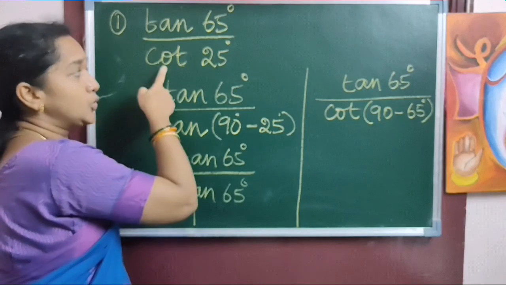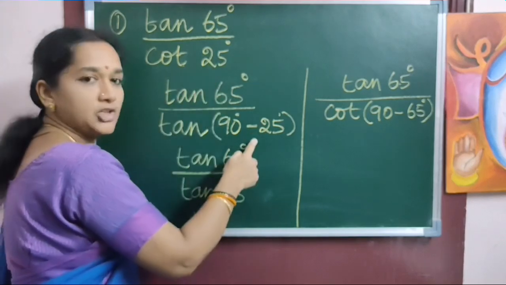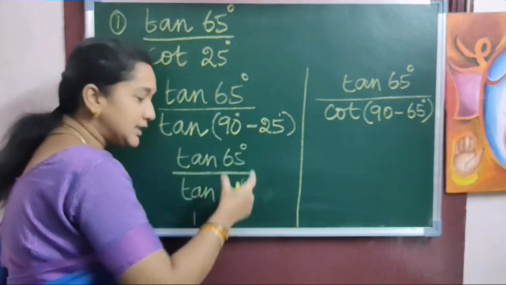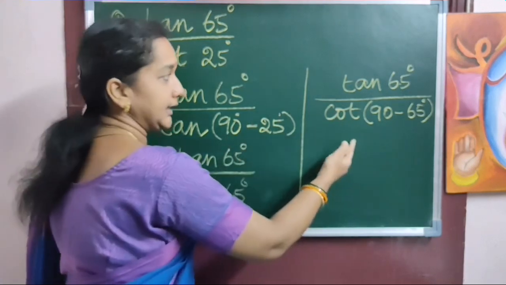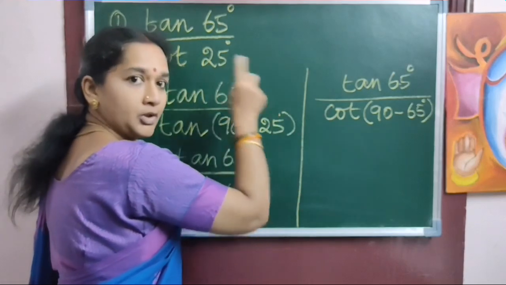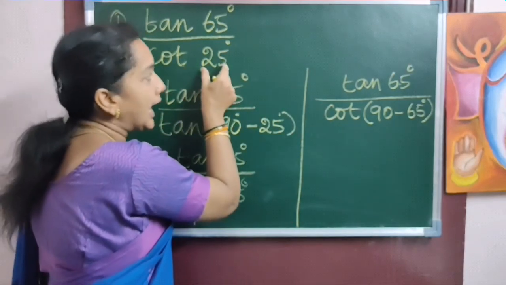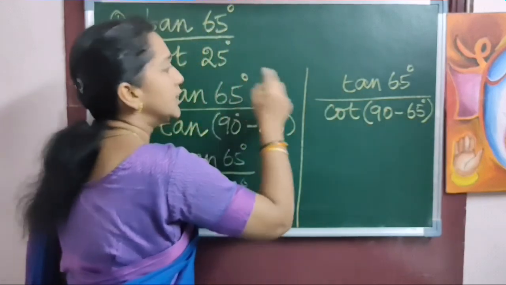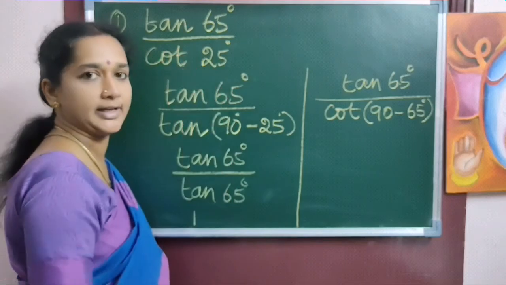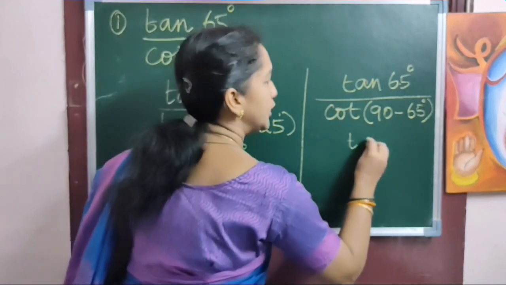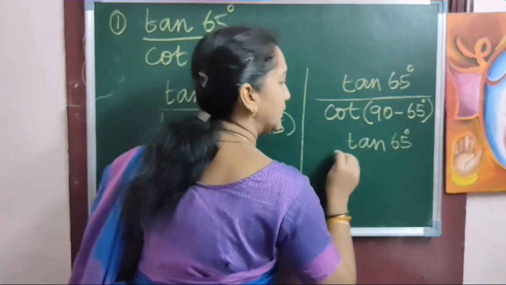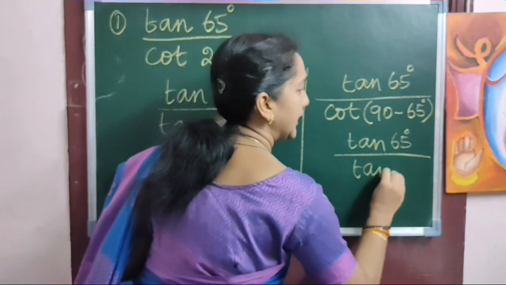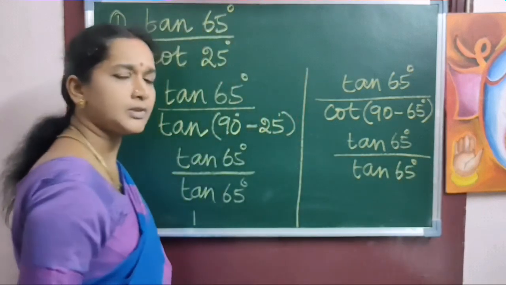So you get tan 65 degree by cot 90 minus 65 degree, which is tan 65 degree by cot 25 degree.